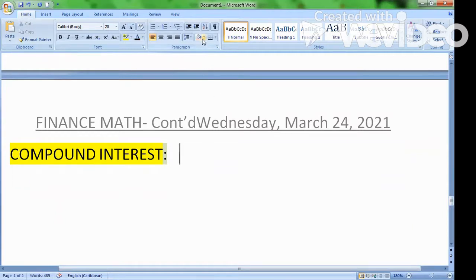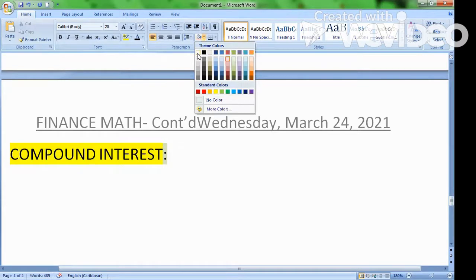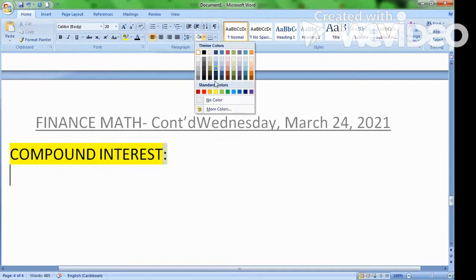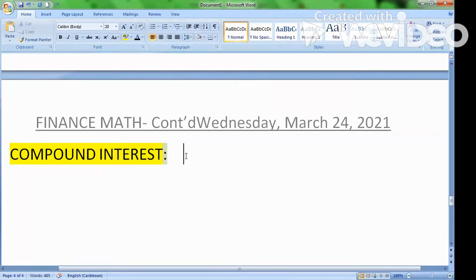What does the word compound mean to you? What's a compound? Anybody do science? Compounds and mixtures. Anybody remember any science?